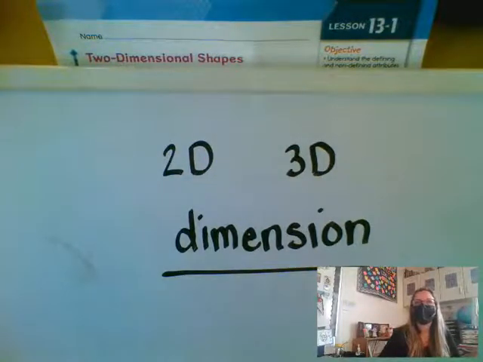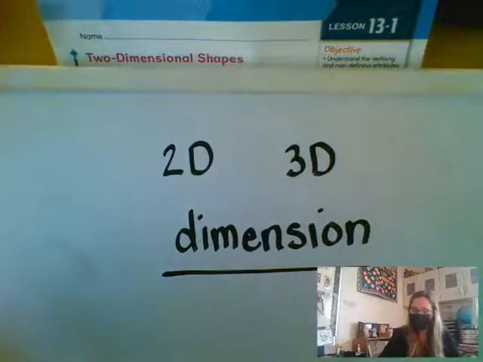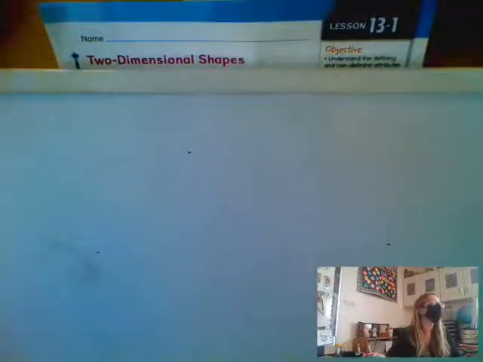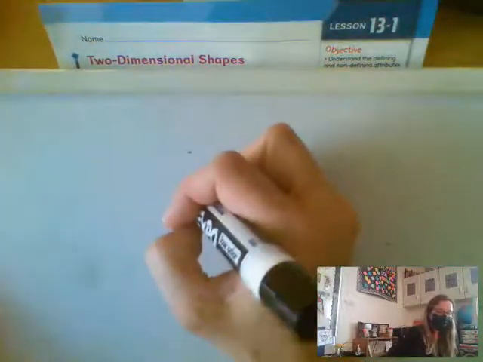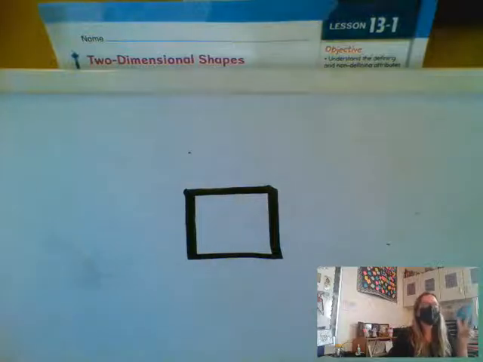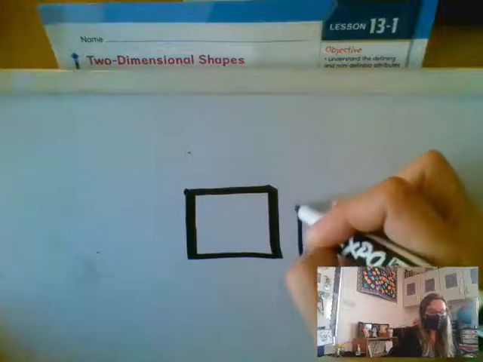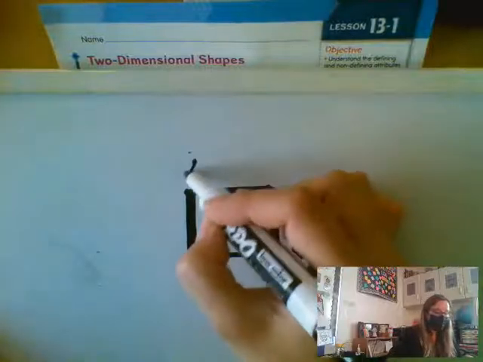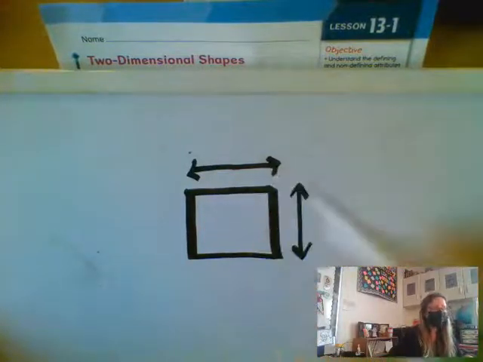Dimension is a big, giant, fancy word, which basically means measurement. Okay? So we can measure it, and if it has 2 dimensions, we can measure it 2 ways. If it has 3 dimensions, we can measure it 3 ways. Let me give you an example. If I were to draw a flat shape, like a square, the 2 ways I can measure this, the 2 dimensions: I can measure how tall it is from top to bottom, and I can measure how wide it is from side to side.